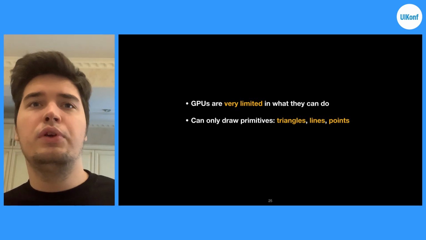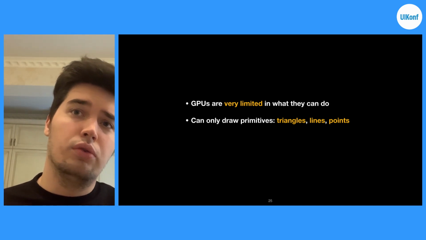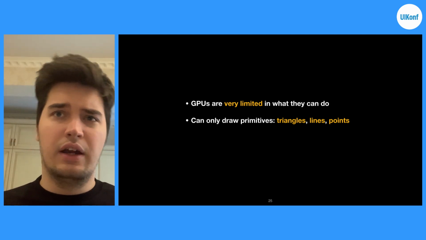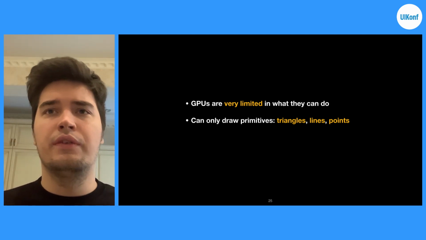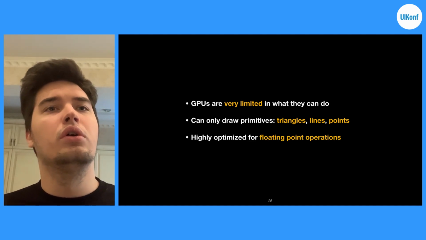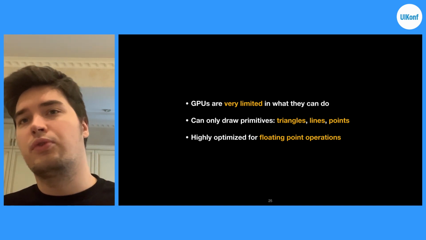Most of the GPUs are designed to do very simple stuff: they can only draw triangles, lines, or points. That's it. There are computational approaches that we'll cover later, but this is the major part of what GPUs do. And it is mostly highly optimized for floats.